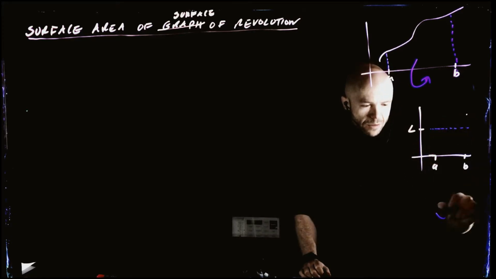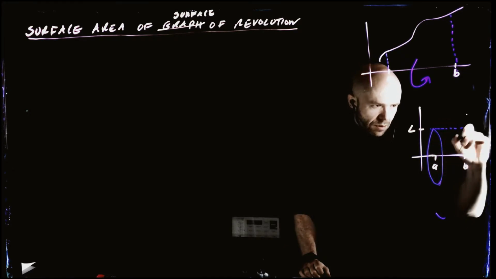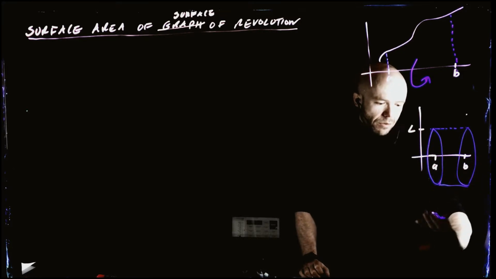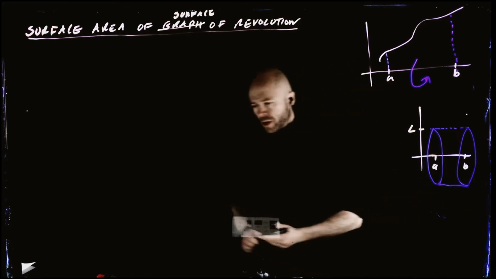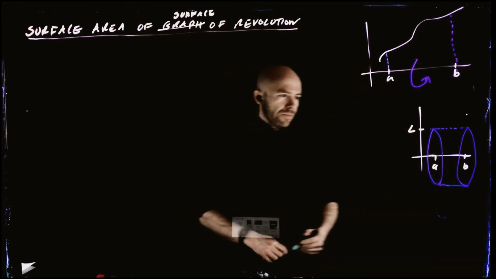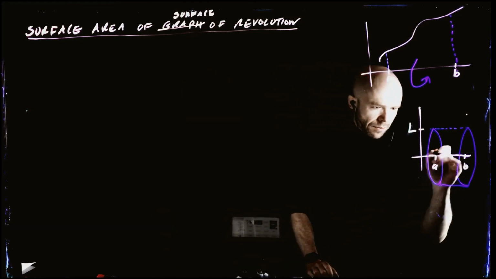If we rotate this around, we're just going to get a cylinder. I'm going to try and draw it. So what would you expect the surface area of this cylinder to actually be? What would you expect it to be?